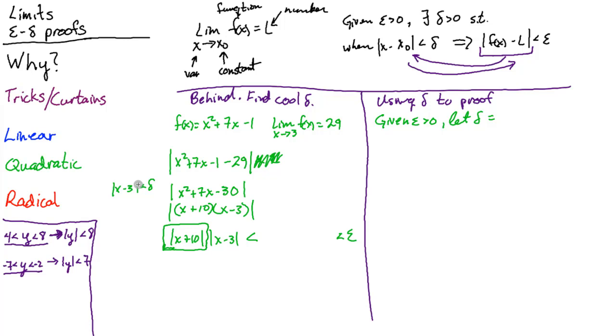So really big deltas are not going to be relevant. This is the trick: we are going to say that delta is at least smaller than 1. This is how we write it: delta is going to be the minimum of 1 and this secret epsilon-dependent number.